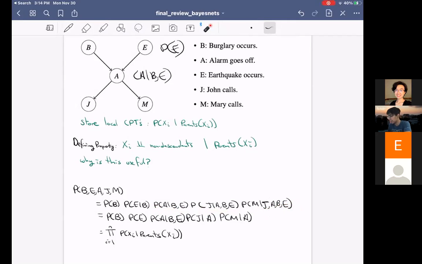For example, P of J given A, B, E just becomes P of J given A, because given A, J is independent of everything else in the BayesNet. Once we make that simplification, the joint probability in a BayesNet is just the product of the local conditional probability tables that we're storing.